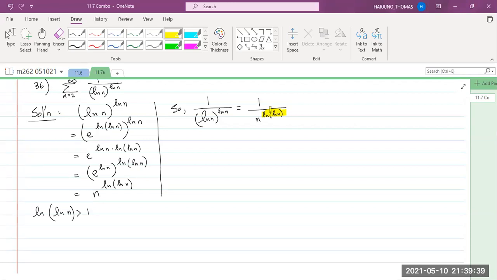For some first couple terms, it will be finite anyway. But in the long run, the ln of ln n will be greater than, let's say, 1.5. Let's set it up that way.